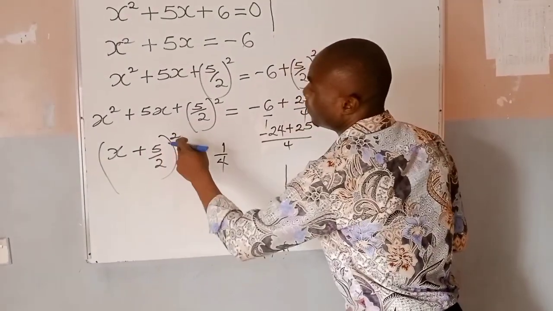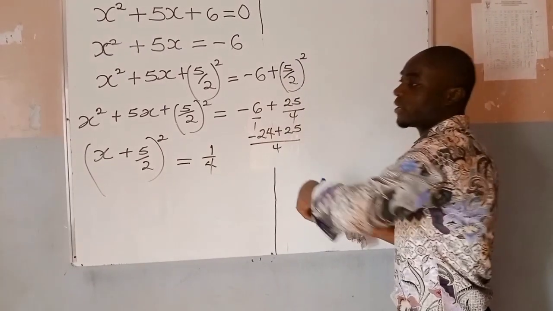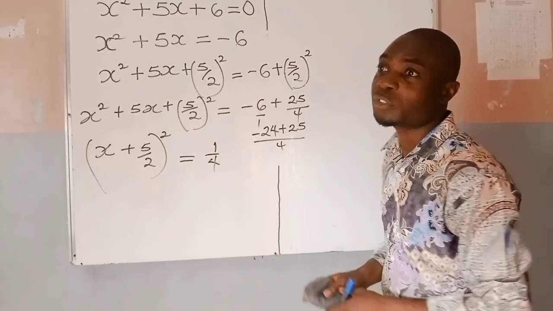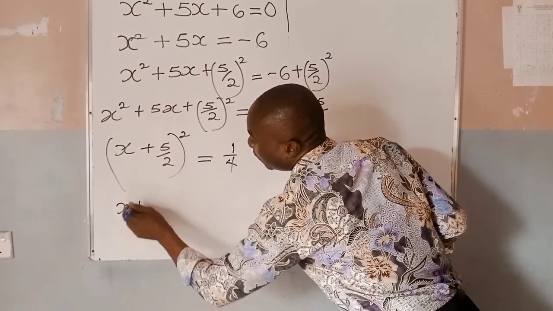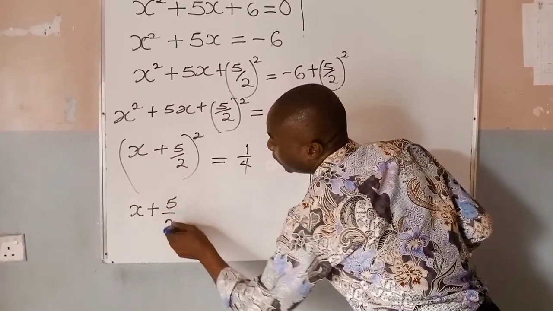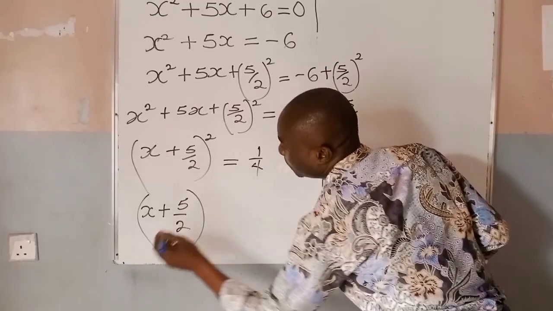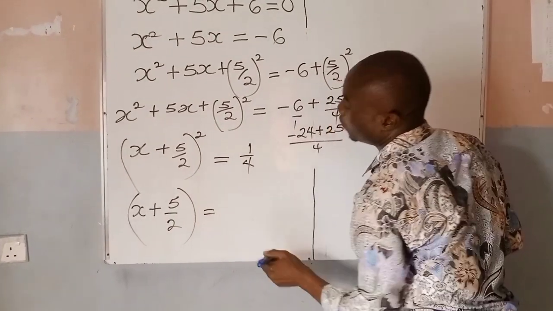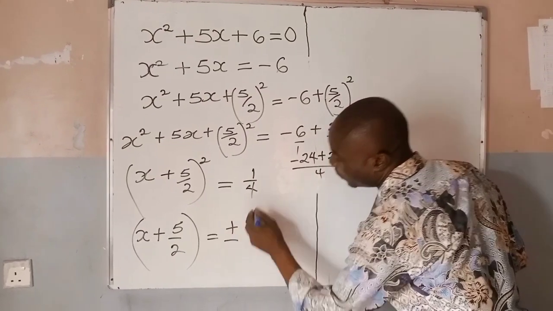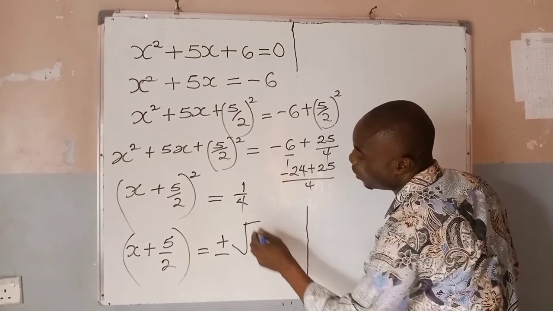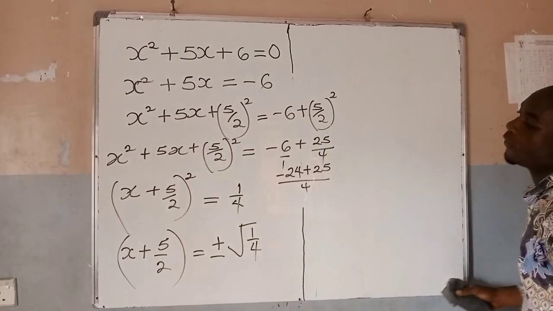When this square is being transferred to the other side, the square changes to square root. So I'm going to have x plus 5 over 2 equal to plus or minus the square root of 1 over 4.